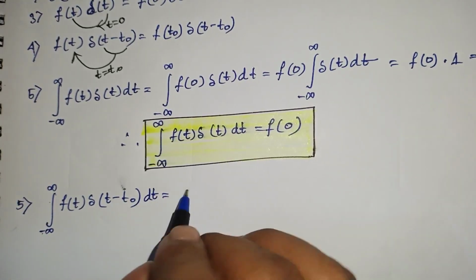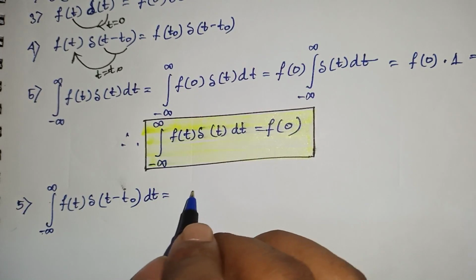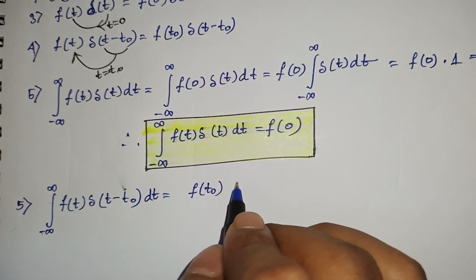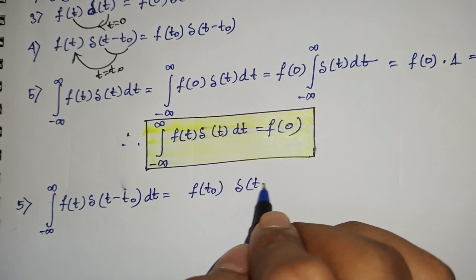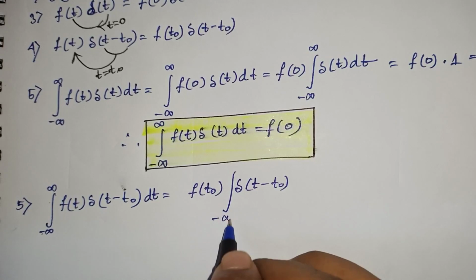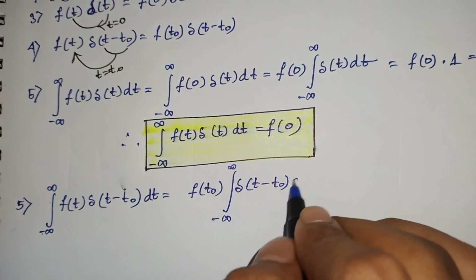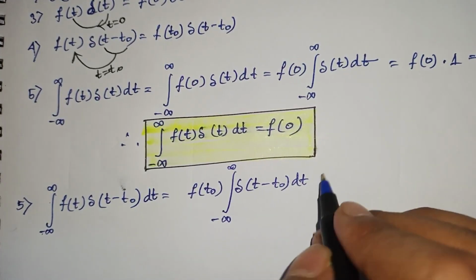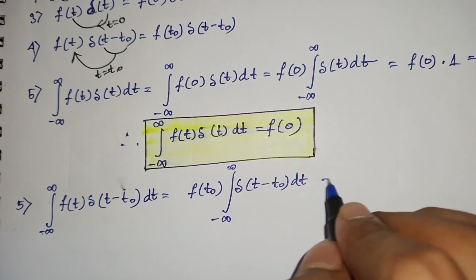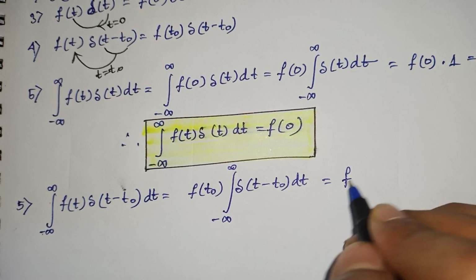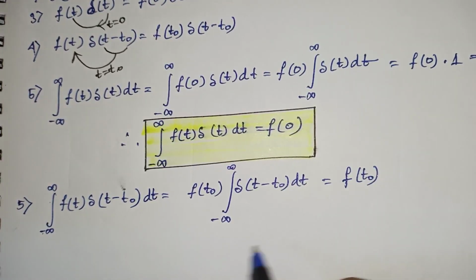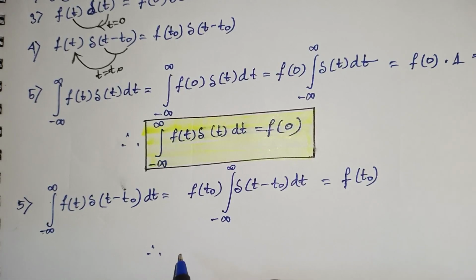We know this will be f t naught into del t minus t naught, integration from minus infinity to infinity dt. This value is again 1 because it represents the area, so it is f t naught.